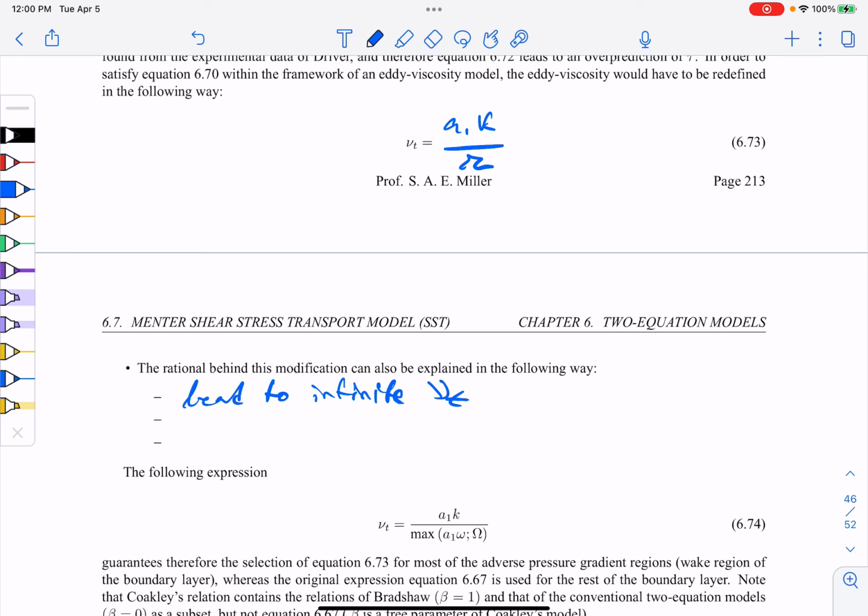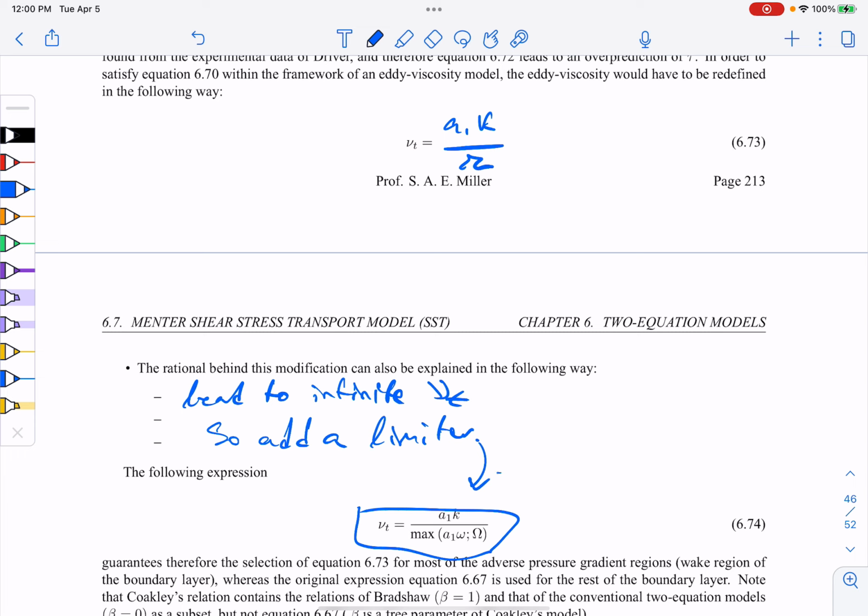And so here's a limiter. And this is really what amounts to an empirical correction, where we're setting up a max value for eddy viscosity. So we're limiting eddy viscosity. And that's an empirical correction.